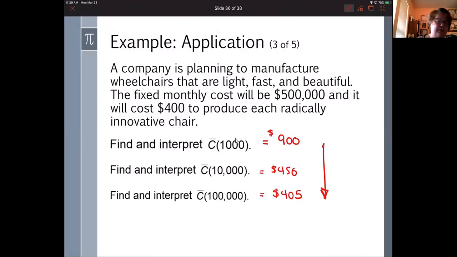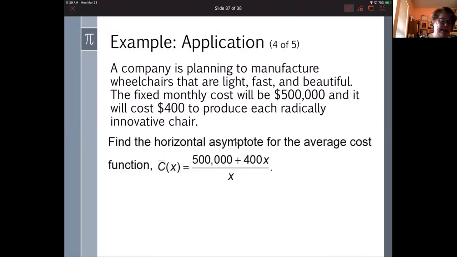So let's look at this function and let's look at its horizontal asymptote. Now, this function, the numerator is 500,000 plus 400x. So the degree of that numerator is 1, because we have an exponent of 1 on our x. The denominator's degree is also 1.